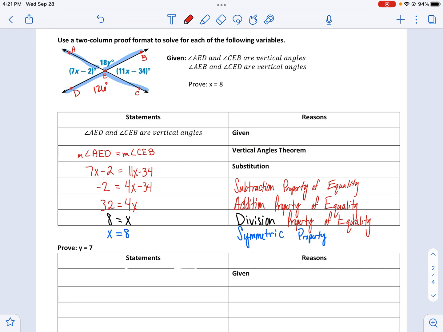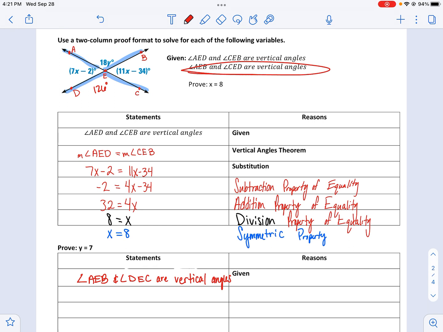So I should be able to say that angle AEB and angle DEC or CED are vertical angles. And I got that from the given statement up above.